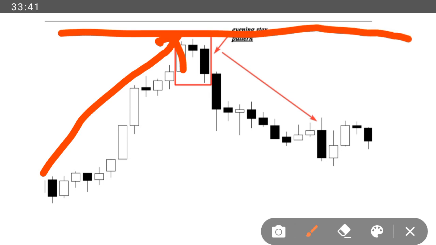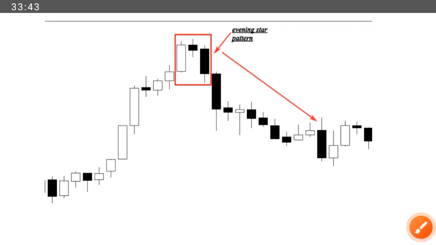An evening star pattern was formed. See it in the box. First, a bullish candlestick. But after that bullish candlestick, price could not go higher again. Then a small candlestick was formed. Then immediately after that, a bearish candlestick was formed.